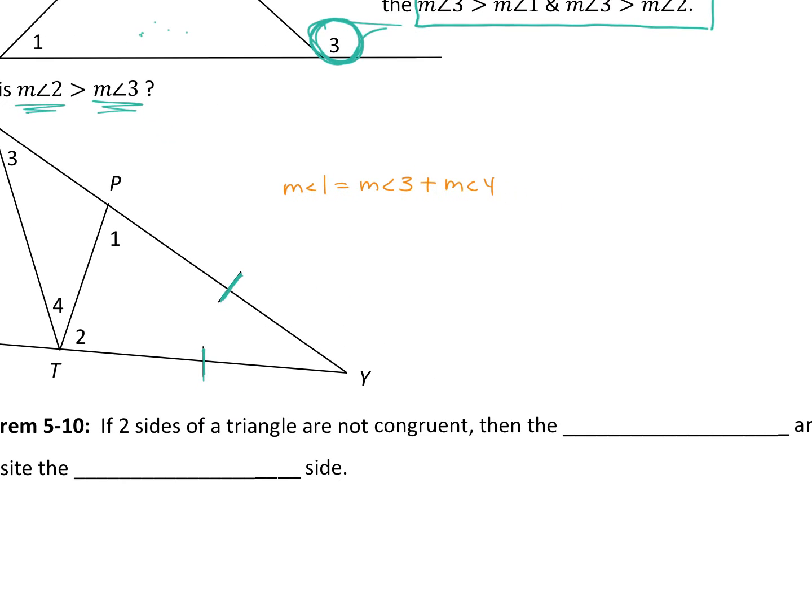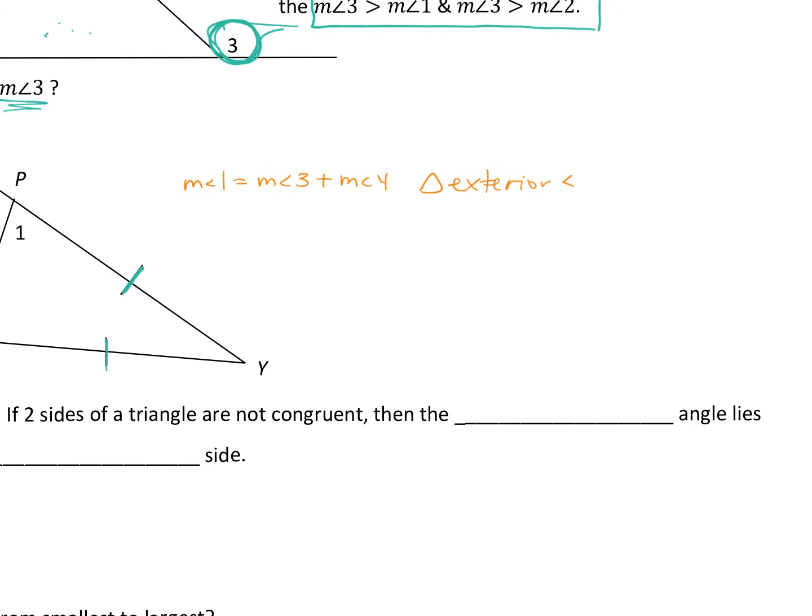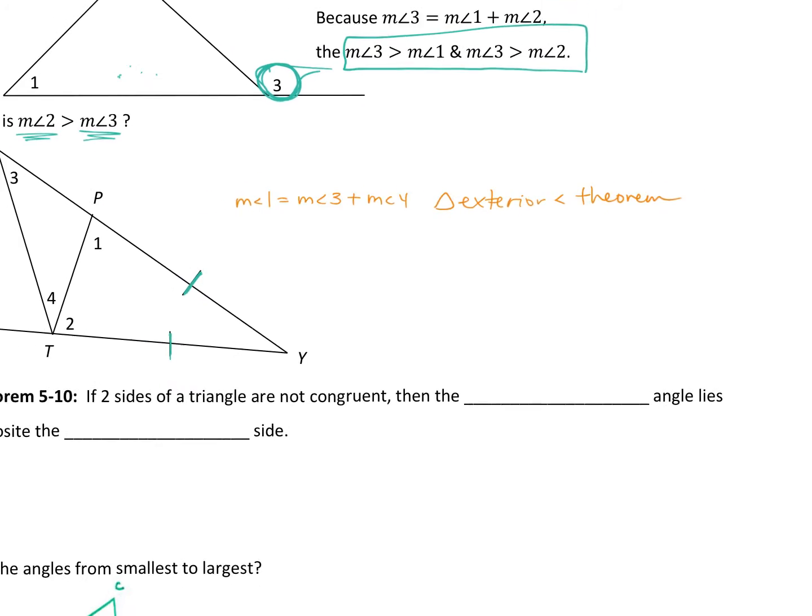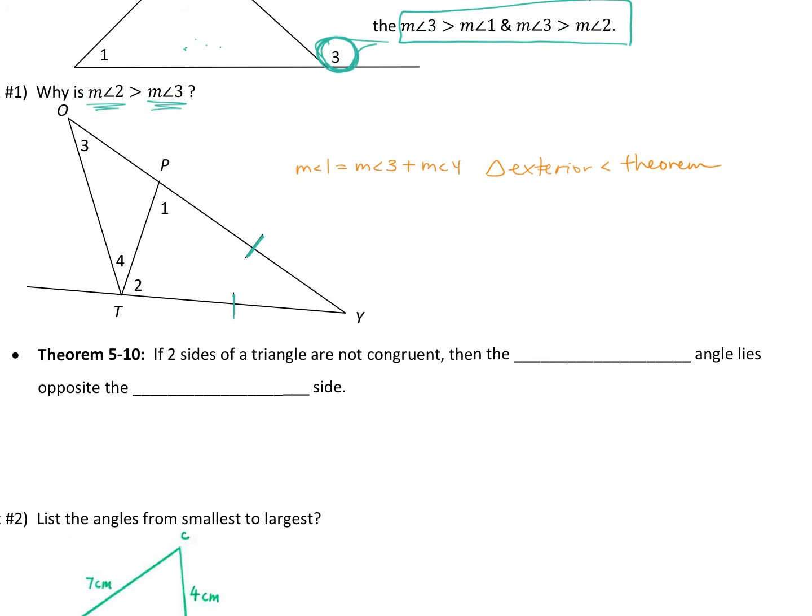The reason we know that is the triangle exterior angle theorem. Sorry, I'm highly abbreviating here. Triangle exterior angle theorem would say that 1 is equal to 3 plus 4, because that's an exterior angle. Anything else you know in this picture?